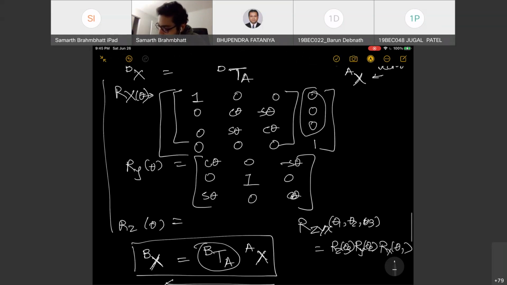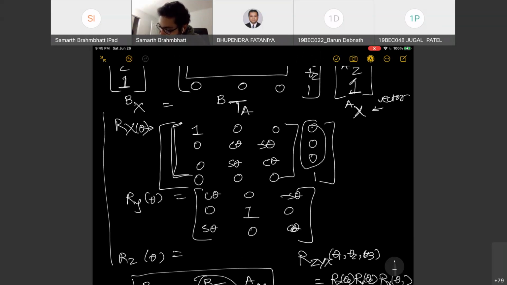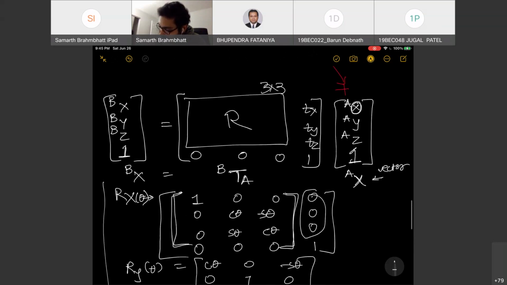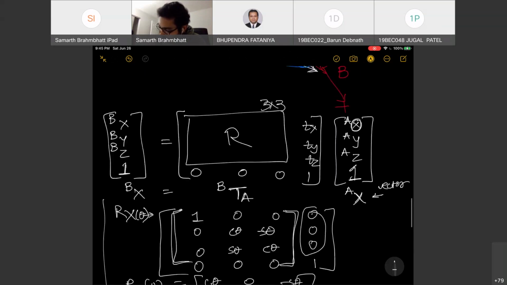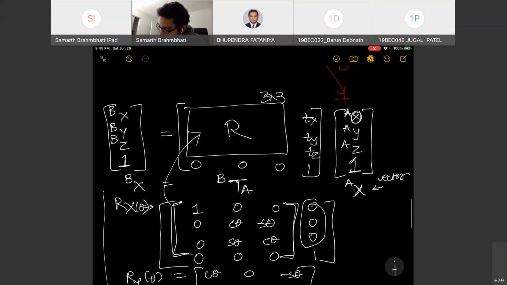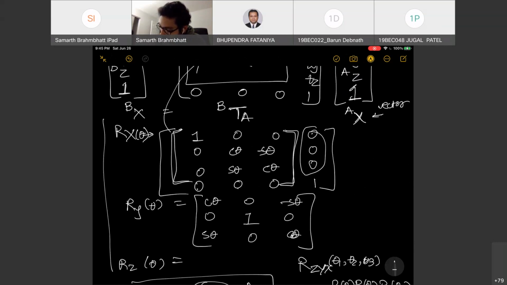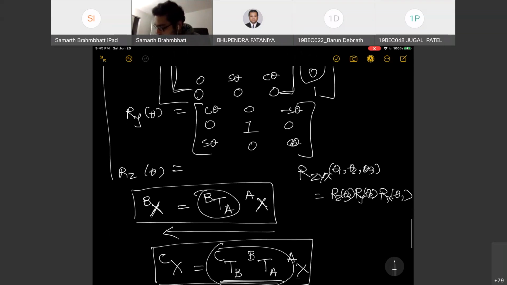And then from the final matrix, you can extract the 3 by 3 part and put it there. Because since all of them have 0, 0, 0 over here, no matter how many pure rotation matrices you multiply, you will end up with the same pure rotation matrix. Okay.